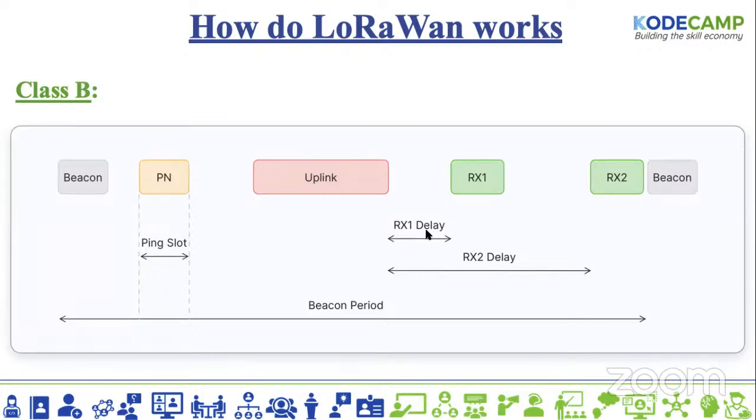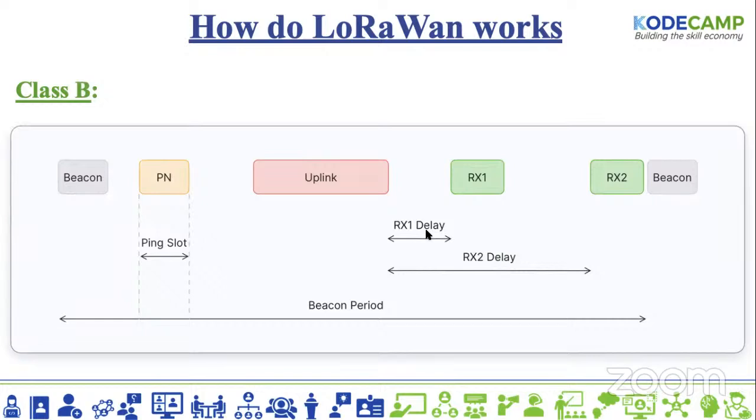opens a scheduled receive window. So its receiving window is scheduled. It opens a scheduled receive window for receiving downlink messages from the network layer. So it can be, for example, every so many hours that it's going to be opening the port for receiving.